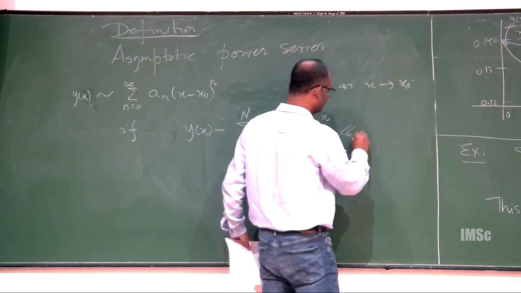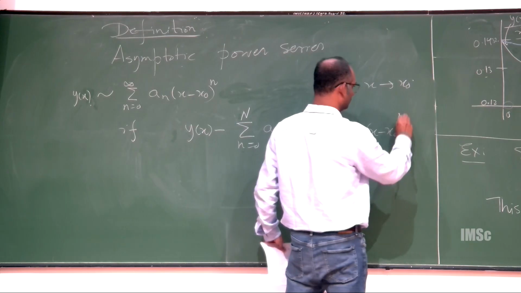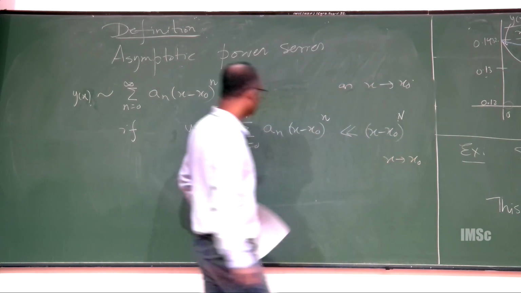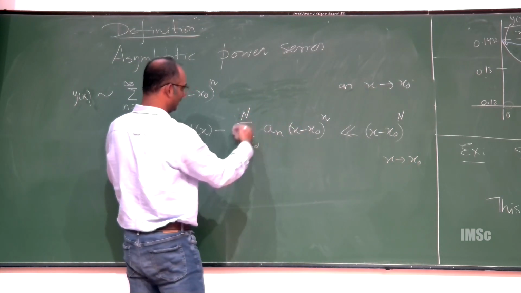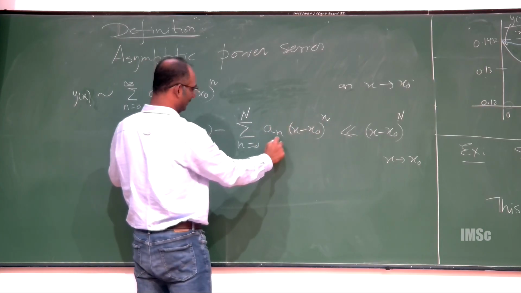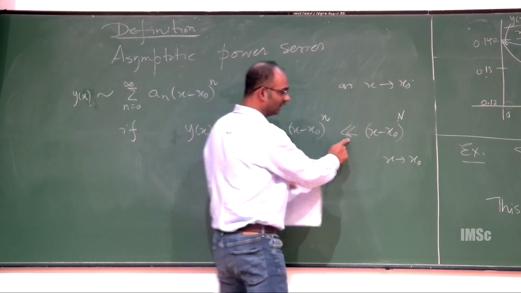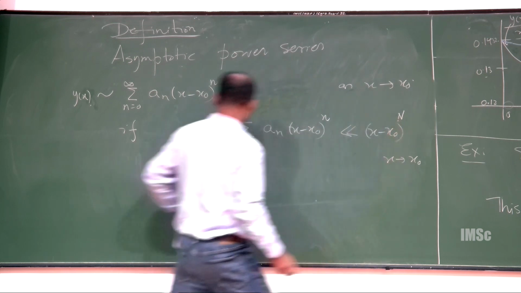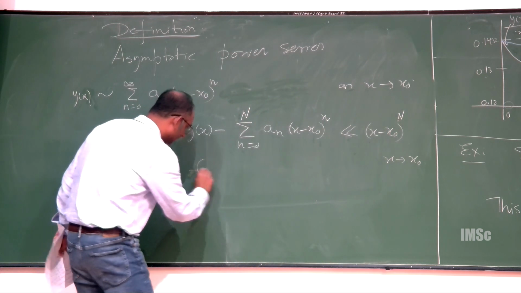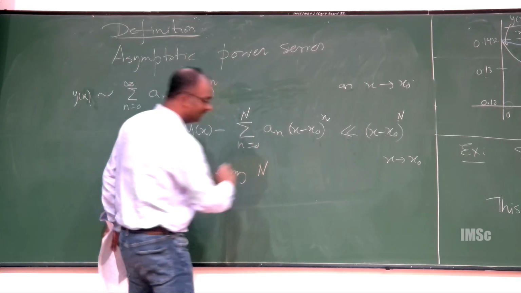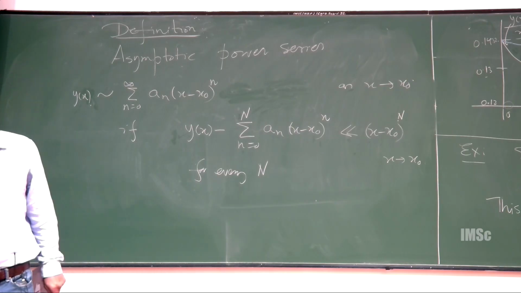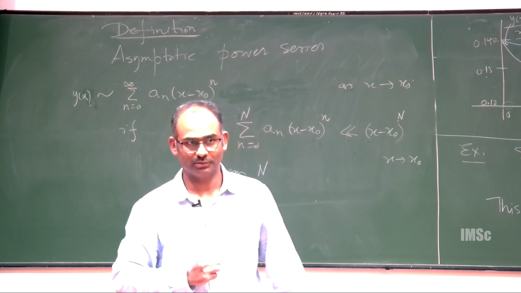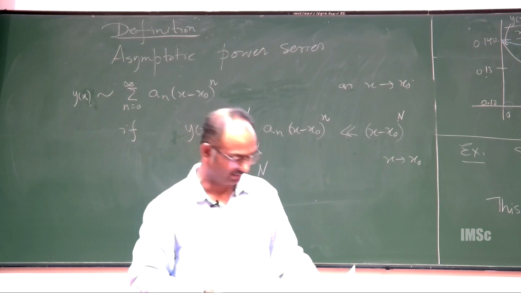If this difference is much smaller than x minus x naught to the N, capital N, as x goes to x naught, so you have included the first terms up to capital N here, and you are saying that the difference is much smaller than, and I told you what it means to say much smaller than in the beginning, x minus x naught to that capital N, but not just for any N, for every N. If this is true for every capital N, then you say this series is asymptotic to this function as x goes to x naught. Okay, that's the definition.